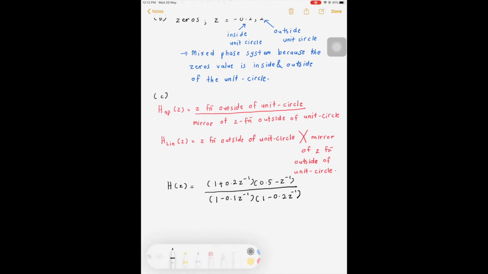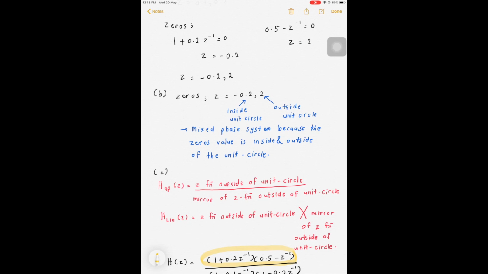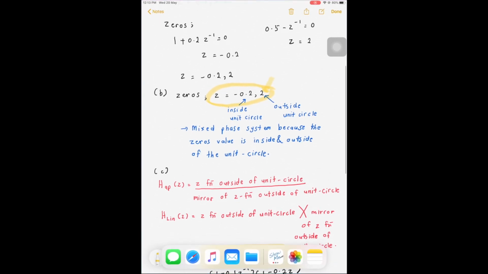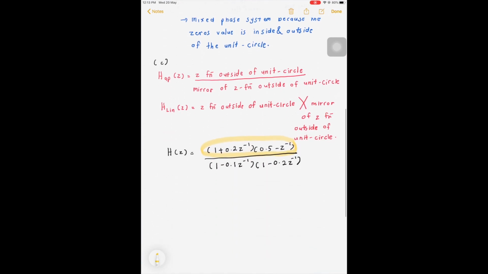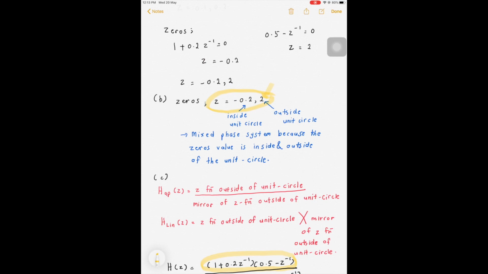So you have this H(z). Next, if you look at the zeros function, you get it from the numerator part. If you refer to your previous zeros, we have minus 0.2 and 2. So 2 is outside the unit circle. You go back to the question. How to get 2?